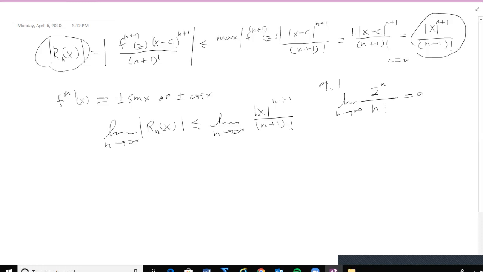It's been shown that an exponential divided by a factorial ends up being 0. We showed that for one case back in an example, I think the 2, maybe the 3, I don't remember.